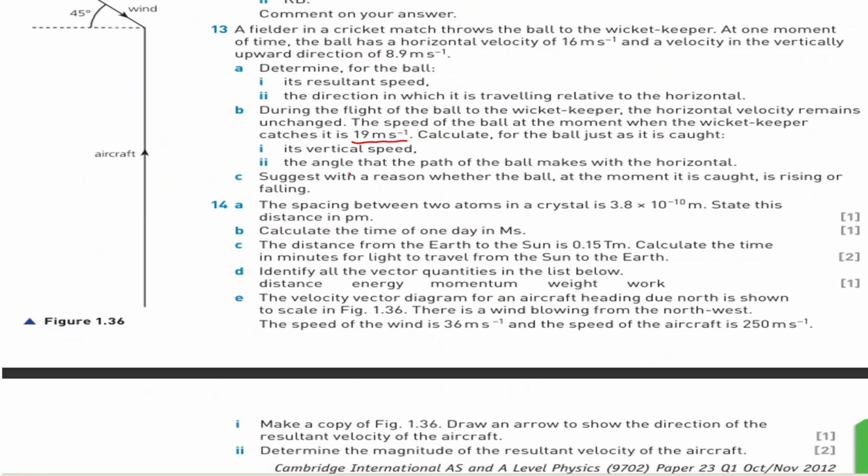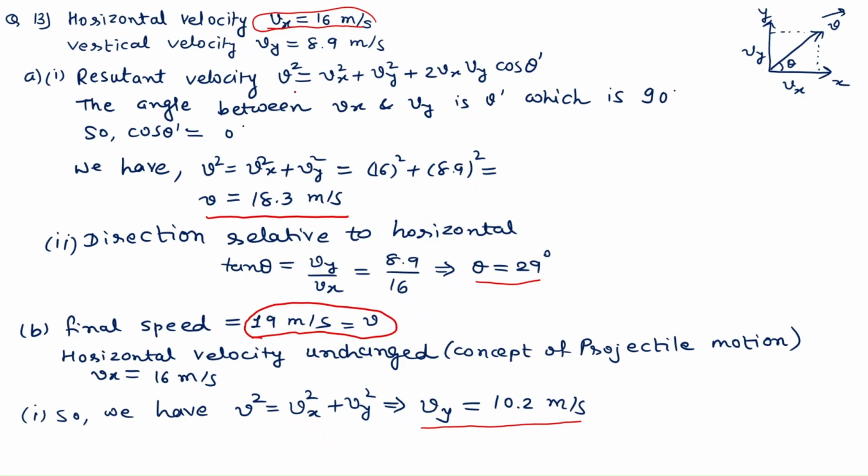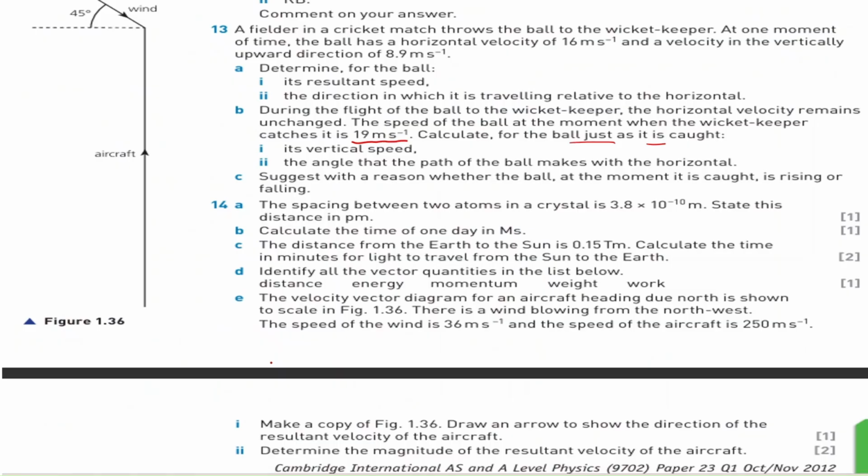Now, what we have to find is to calculate, for the ball just as it is caught, its vertical speed. In section A, we found the resultant velocity. This time, in section B, they give a final speed, meaning the resultant speed, or you can say velocity. Here we have to find the vertical velocity.